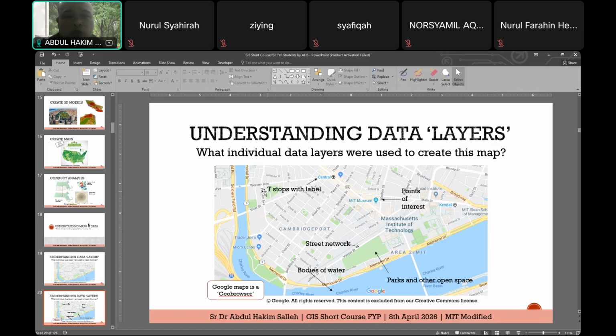You can also extract this street network, the entire street network of this area, just a single layer of street without trees, without buildings, without rivers, just street. Okay, or bodies of water, or parks, anything. Even the buildings can also be extracted as a single layer.